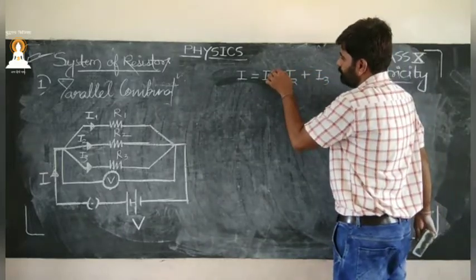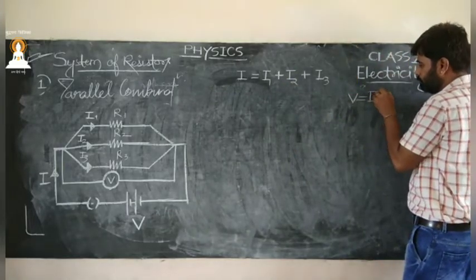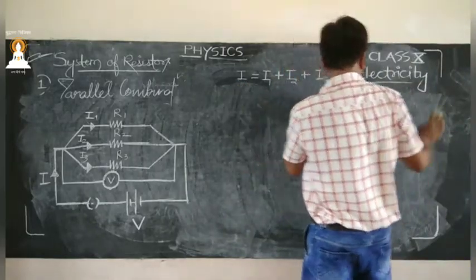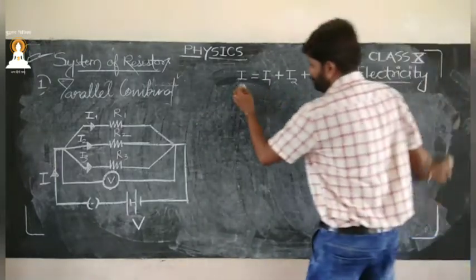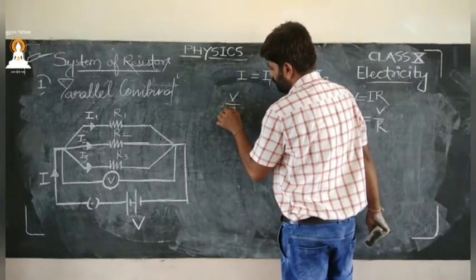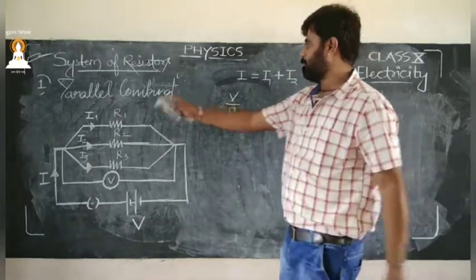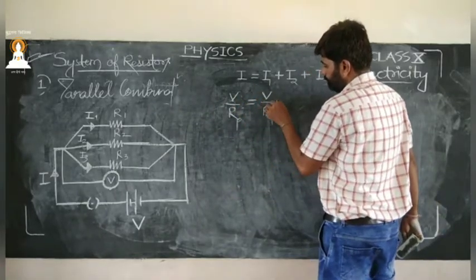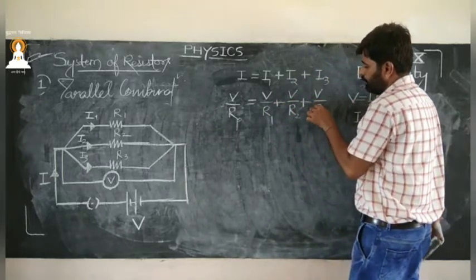Now we know that Ohm's law says V is equal to I into R. So I will be equal to V by R, where R is the equivalent resistance, and I name it RP because of parallel. So V upon RP is equal to V upon R1 plus V upon R2 plus V upon R3.